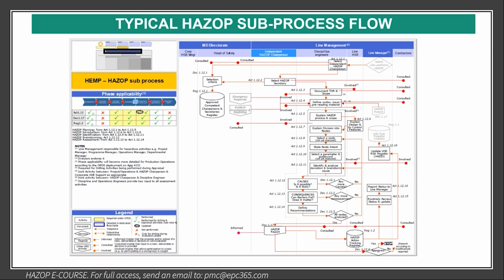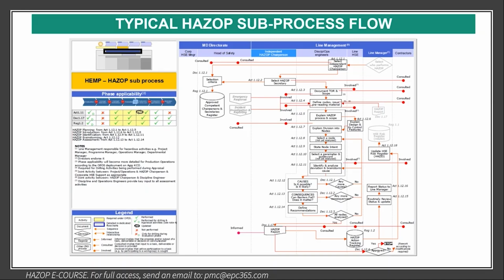The chairman normally has a scribe, and then when they approve, they go based on the methodology of the company. They will perform HAZOP for the project.